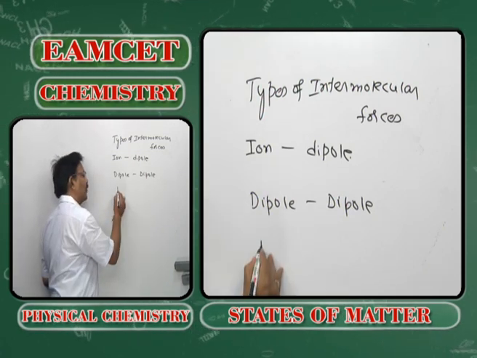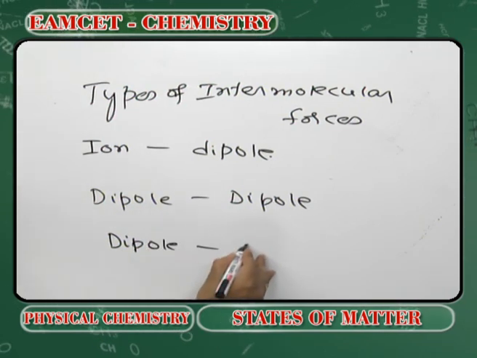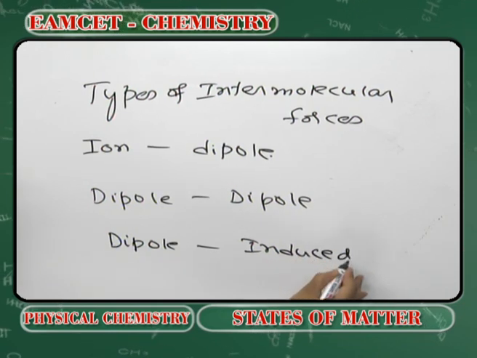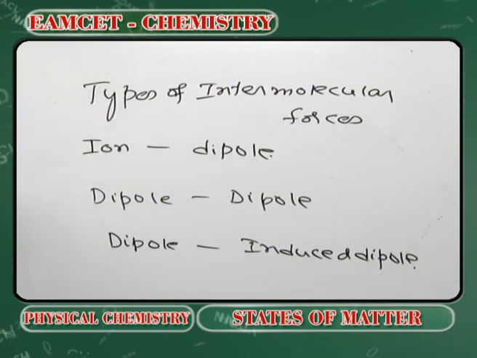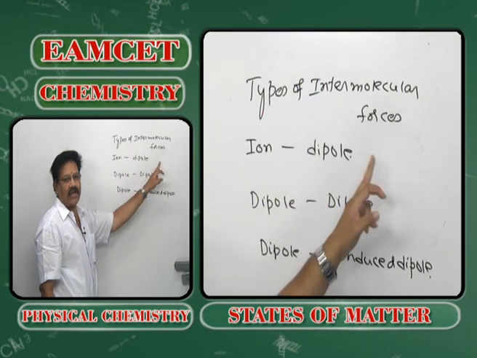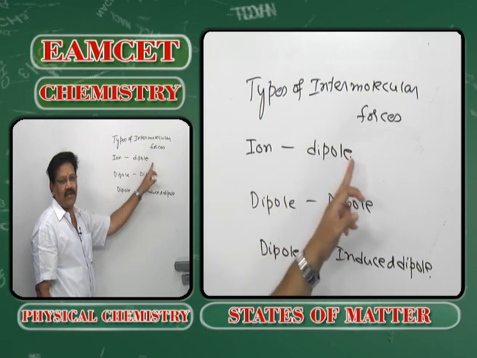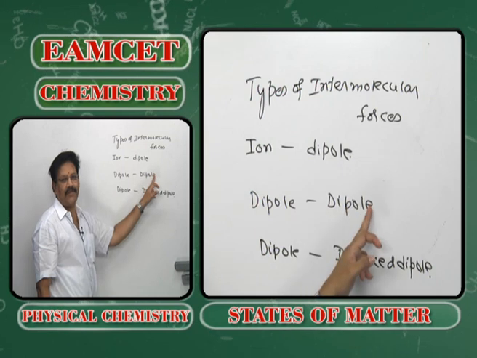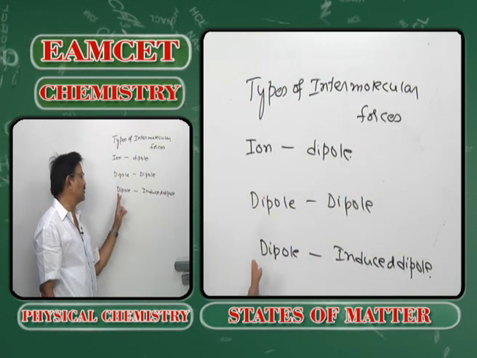Now, dipole and induced dipole attractions. The first one is ion dipole, which is likely to exist between an ionic compound and a polar covalent compound, and dipole type of interactions are present among the polar covalent molecules.